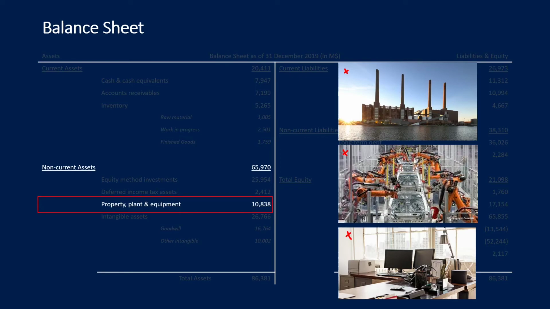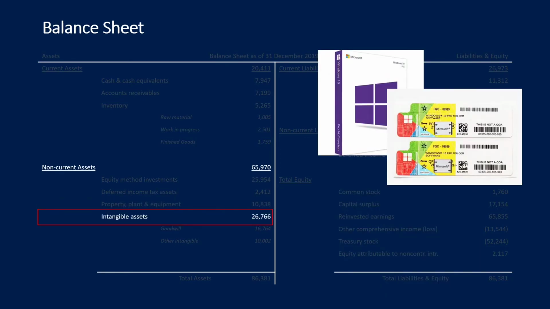For smaller companies, normally this would be it. In large companies, we see a lot more under non-current assets. Often we see intangible assets. Intangible assets are non-physical assets. And what is non-physical assets? For example, licenses.